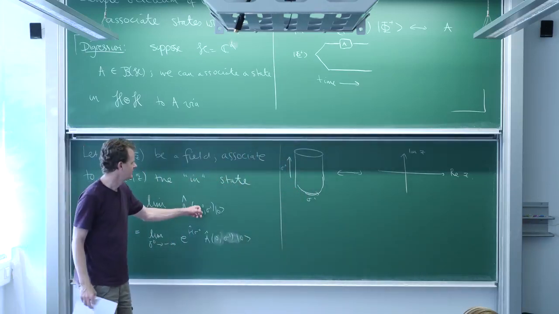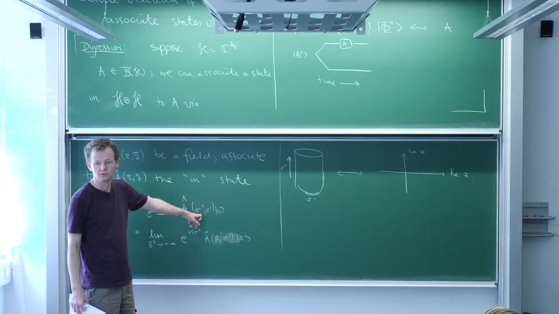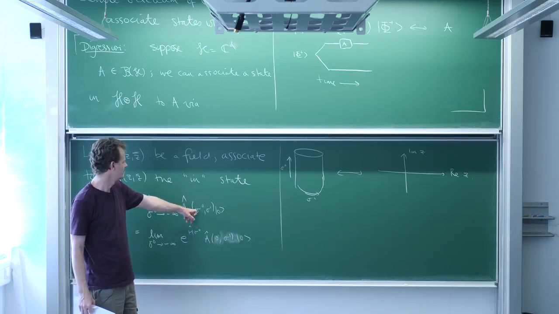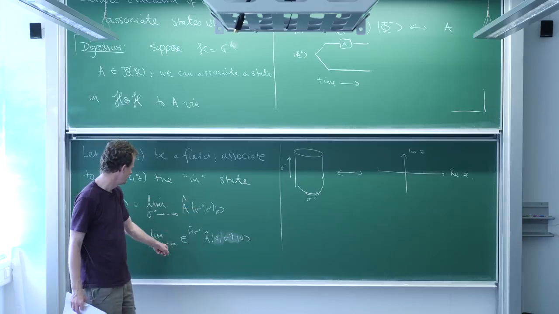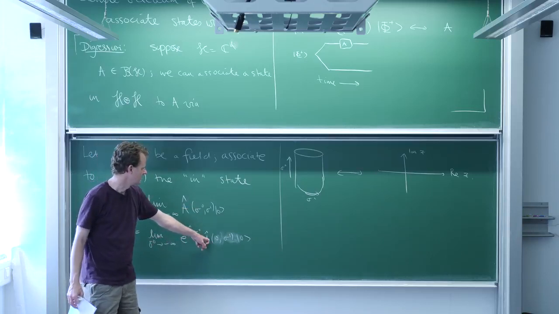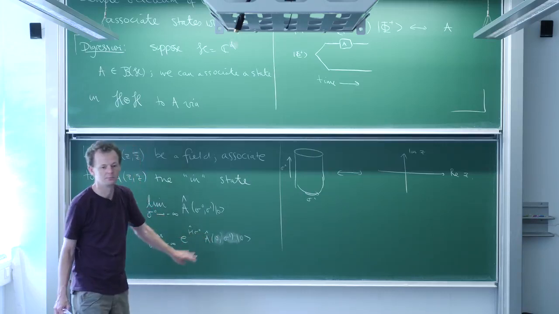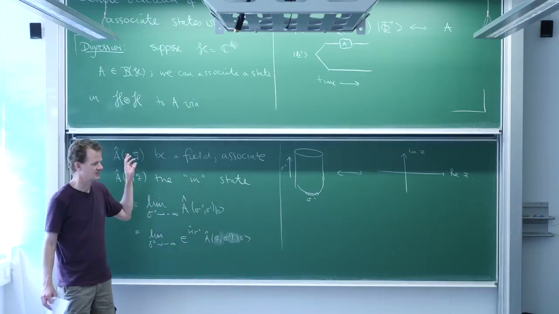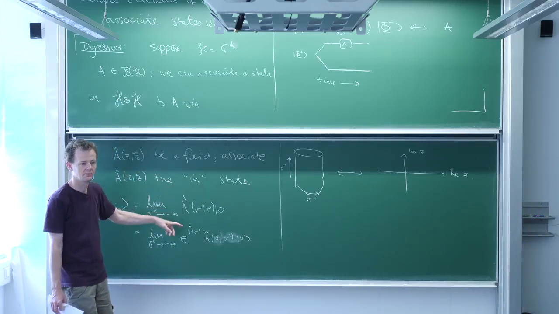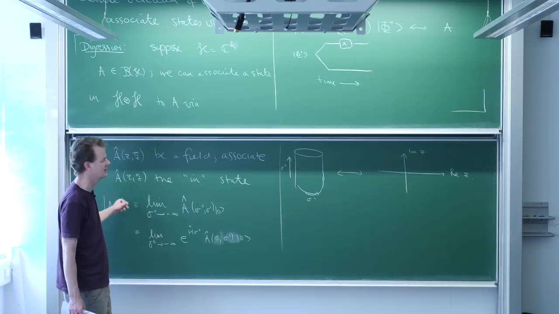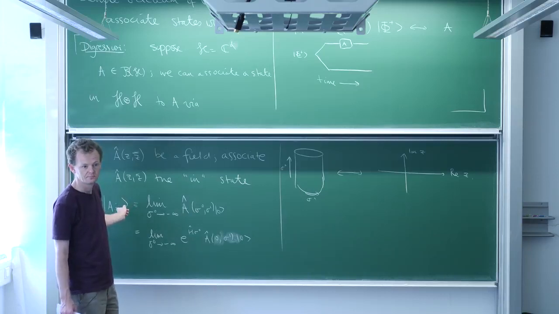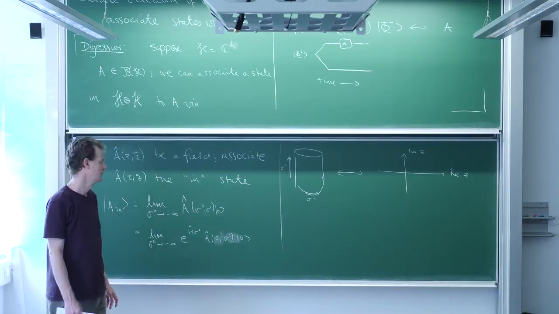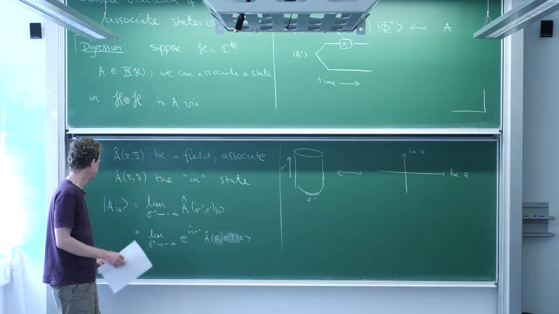So sigma naught is the time coordinate in the usual quantization of a quantum system on a circle, and you run time backwards on this field operator from some fiducial time. And that, presuming that this limit exists in some sense, will give you a state that no longer depends on time. Depends on space, but not time.